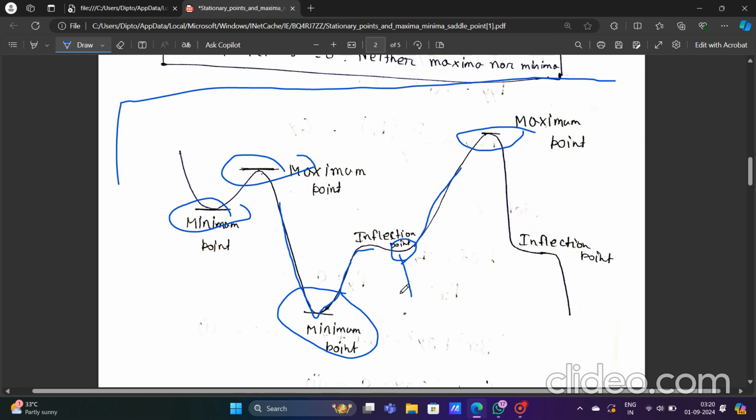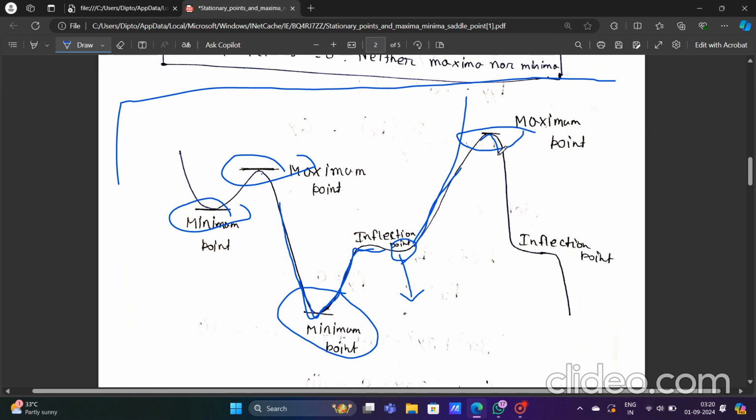So from this point the curve is changing its curvature. The curve is converting from being concave down to concave up, because before this point the curve was concave down, and after this point, as you can see, the curve is concave up, right?